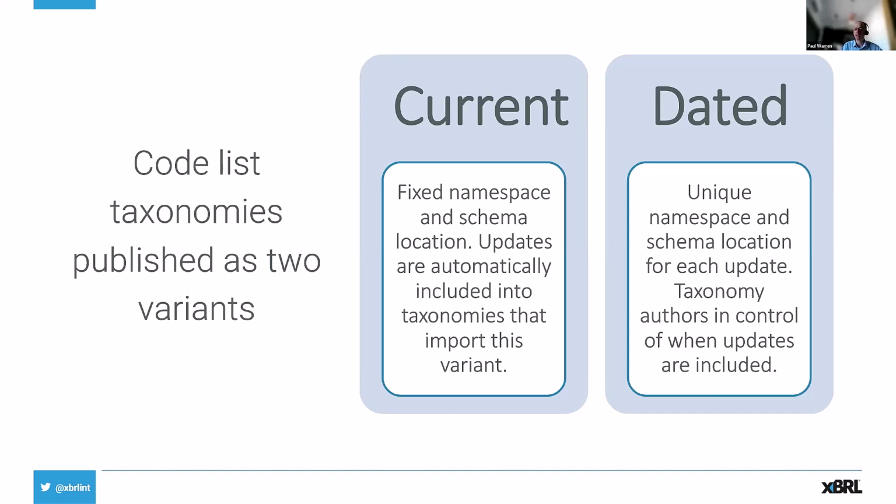So that means taxonomy authors are fully in control of exactly what is and isn't valid according to their taxonomy. But on the flip side, it means you need to make changes to your taxonomy in order to incorporate updates to the code list. We understand that different taxonomy authors have different views on the best way to tackle this, which is why we make these two different versions available, and you're free to choose whichever one you want to use.